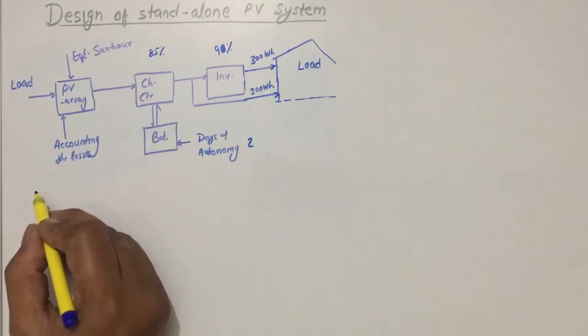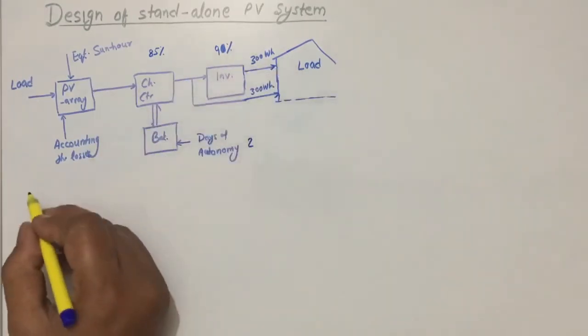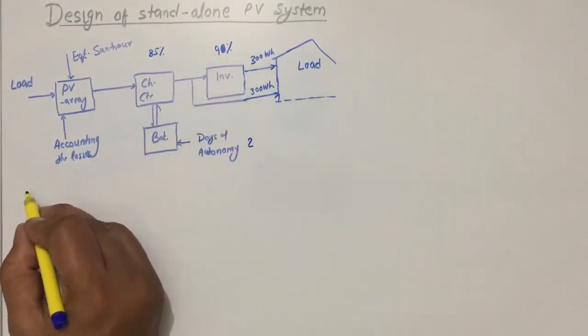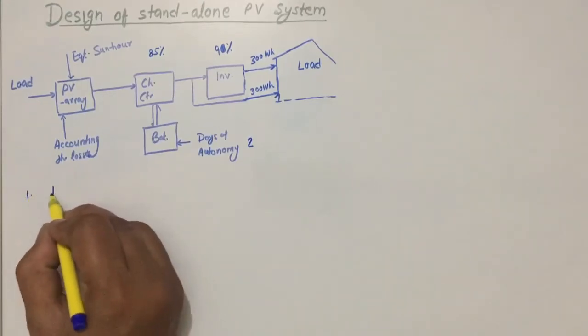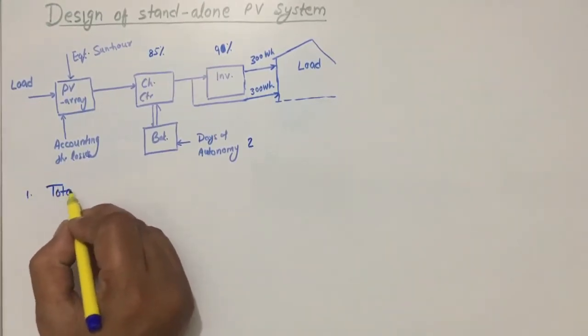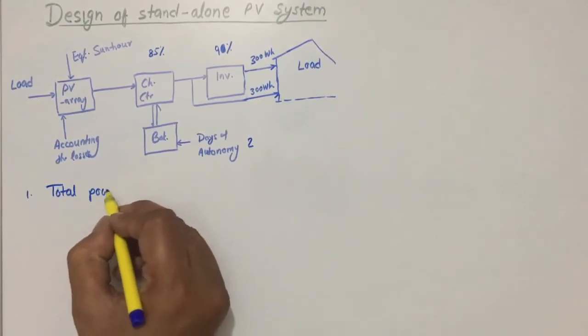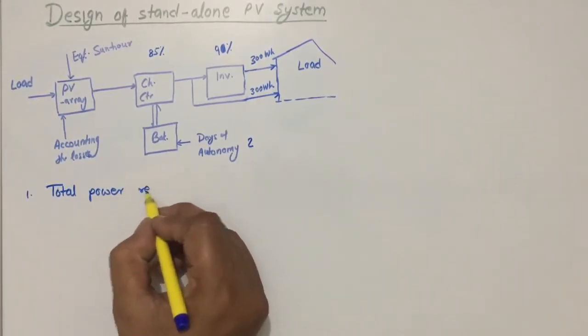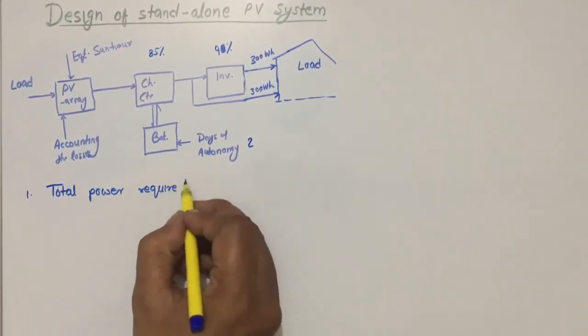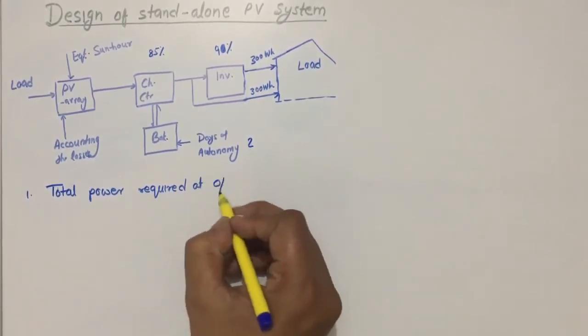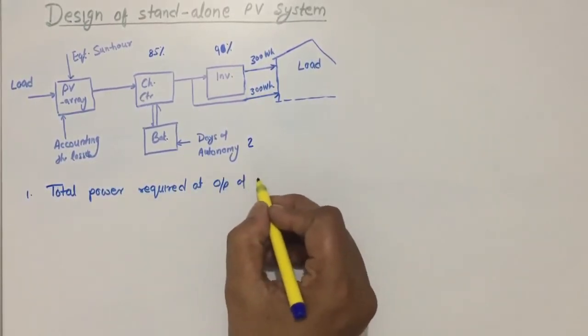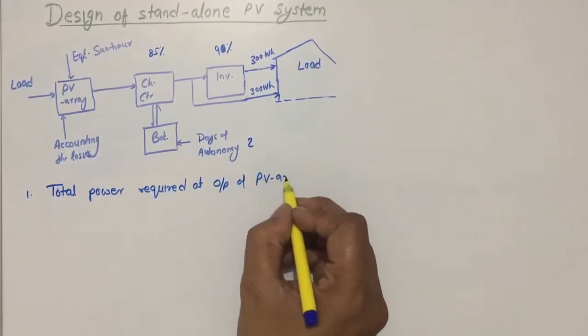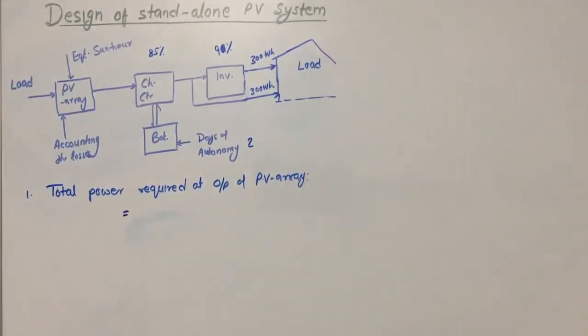So from here, accounting for the losses, the first thing required is to know the total power required at the output of the PV array.